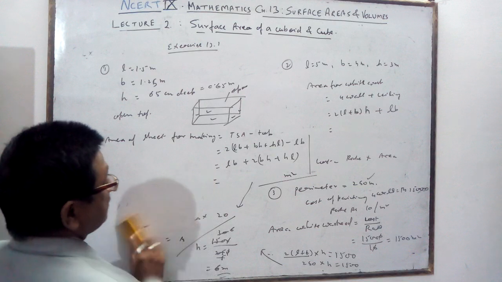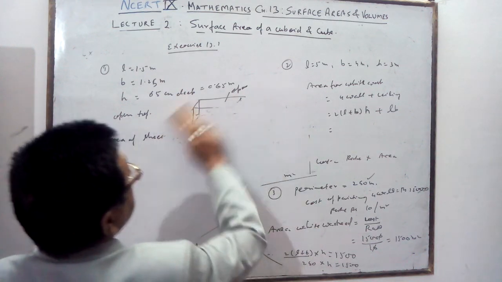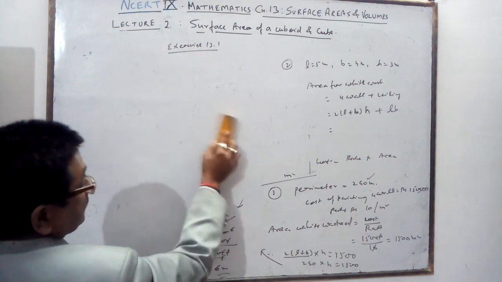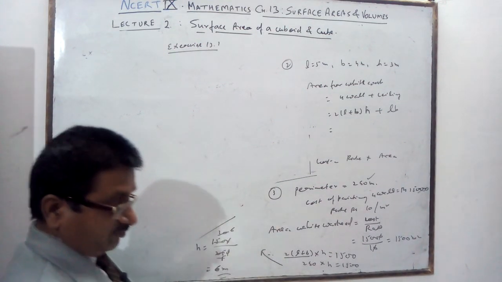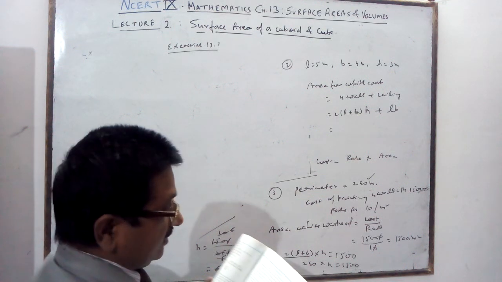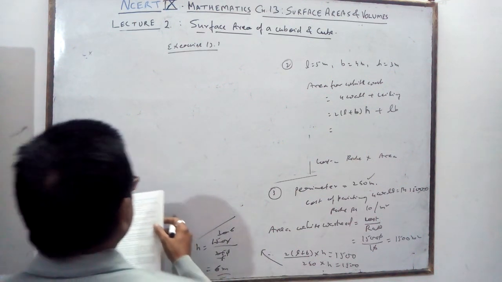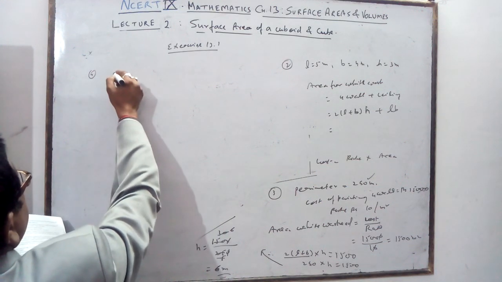Now you will see question number 4. In question number 4, the paint in a certain container is sufficient for painting an area.